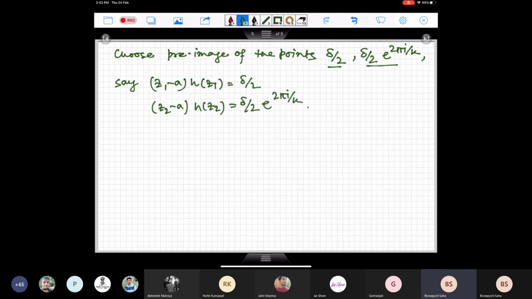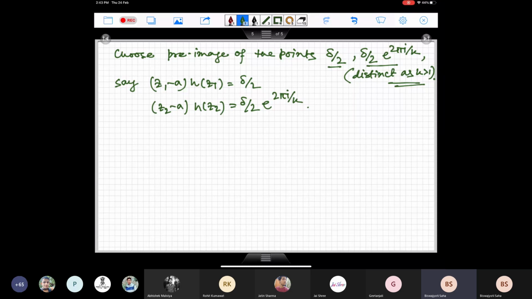So these are two distinct points, as k is strictly bigger than 1. That's important. So I get these 2 points, one is the pre-image of delta by 2, another is the pre-image of delta by 2 e to the power 2 pi i divided by k. Essentially it's of the same modulus delta by 2, but it's not the same as delta by 2. I am just multiplying by some kth root of unity.